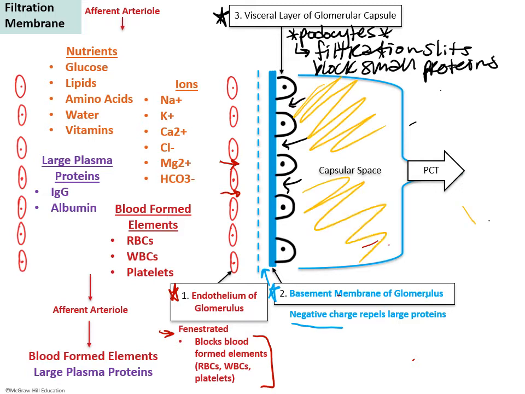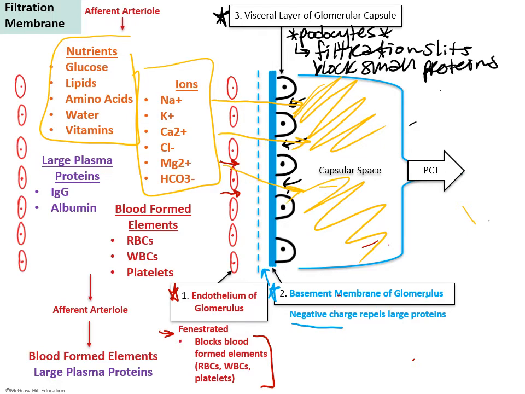So all this stuff again over here that's in orange, this is the only stuff that's going to be able to get through all 3 of those layers. So those nutrients and those ions, remember water is considered a nutrient, is the only thing that we want to have in our filtrate. So filtrate is the name of the fluid in the capsular space.